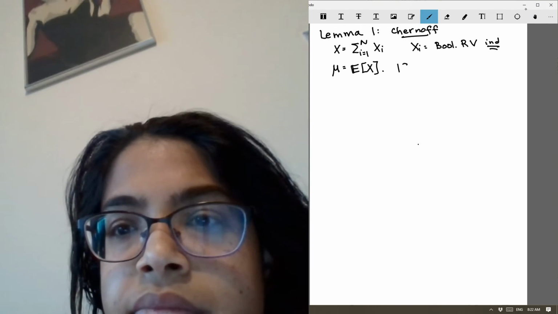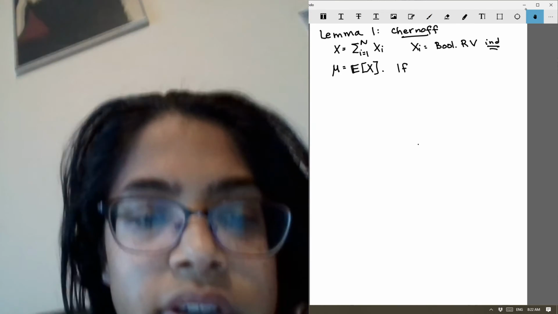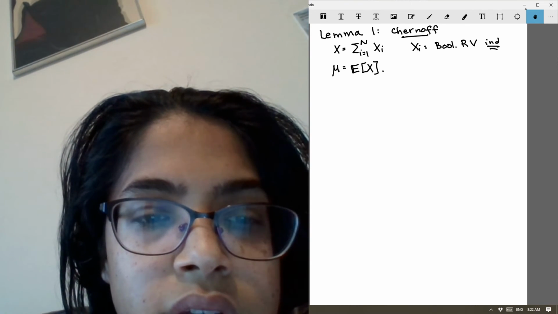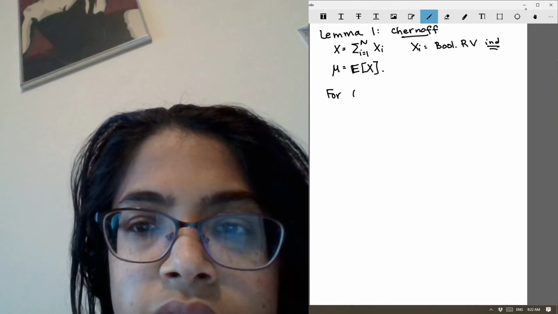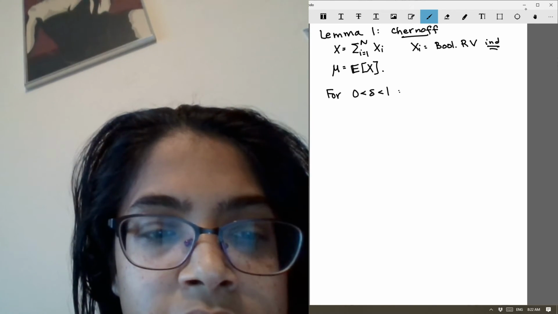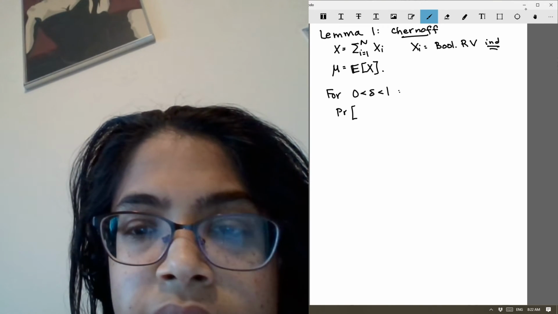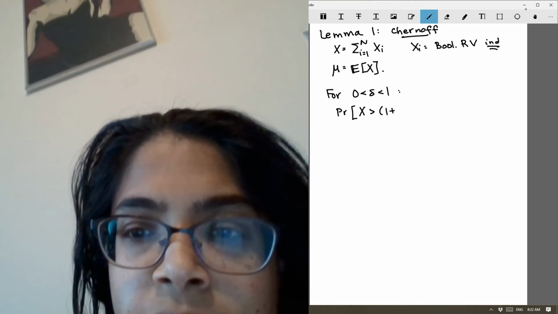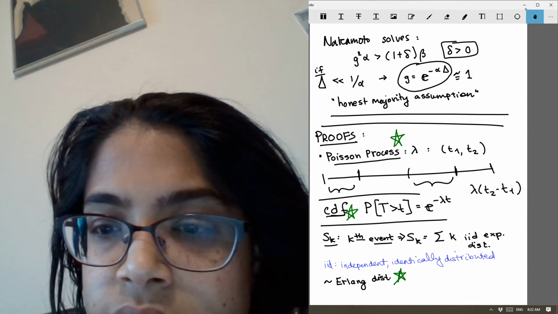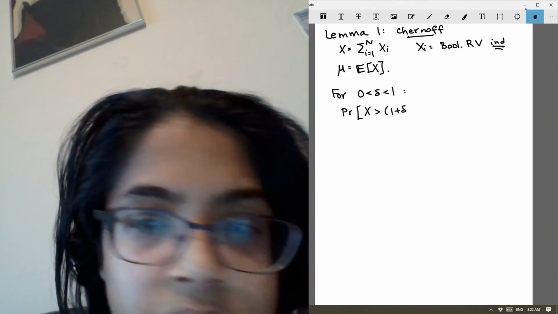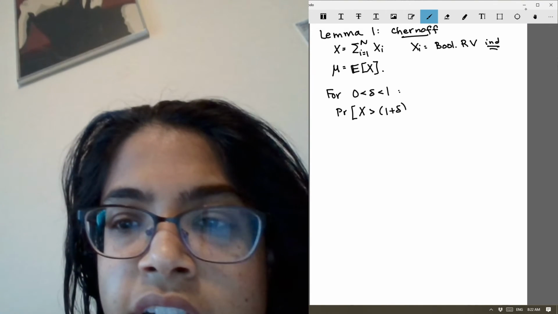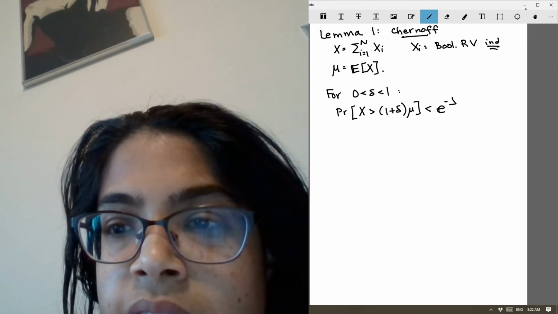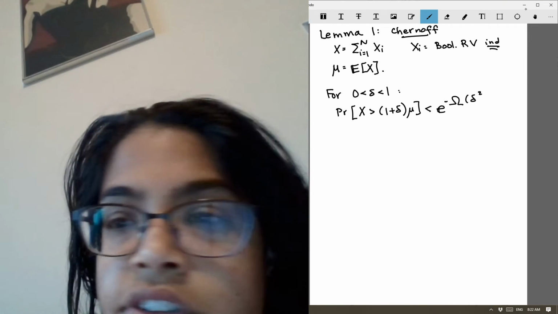Then, for delta between 0 and 1, the probability that X is greater than 1 plus delta times mu is less than e to the negative omega of delta squared mu.